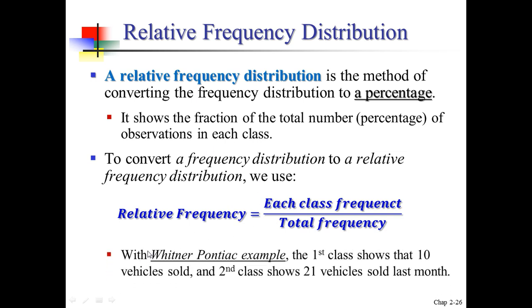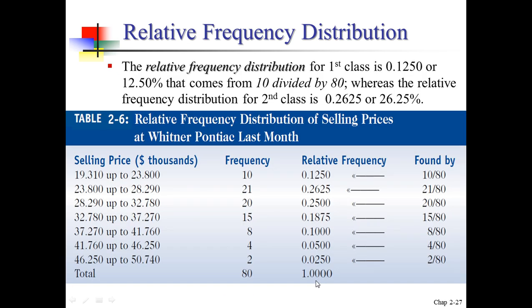Based on our example, when you look at our table where we already did the 5 steps, the first class has frequency 10, and the frequency of the second class is 21. So how do you find the relative frequency of the first class? Take the first class frequency divided by the total frequency. That's why you got this.